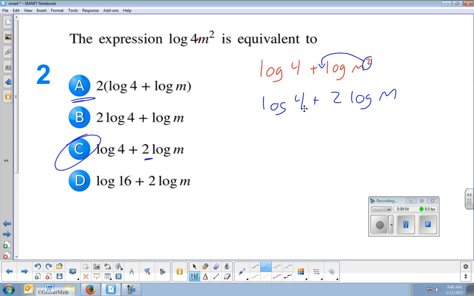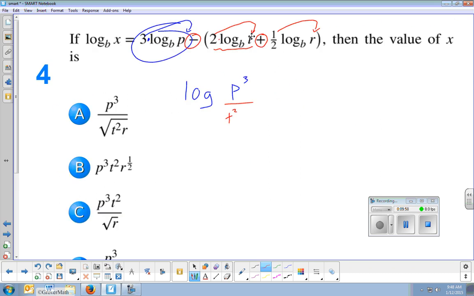So the plus going the other way means as a single log, it's a product. So this plus between them means I'm multiplying t and r with their exponents. So this 2 goes to t and the half goes to r. So times r to the half. And then there's a good chance that they're going to express this half as a square root. So that would be log p to the third over t squared and the square root of r.